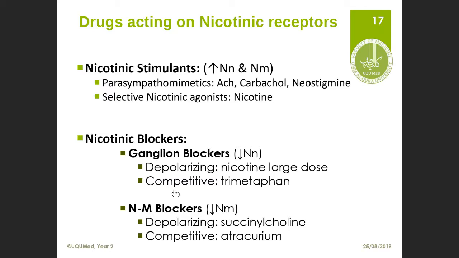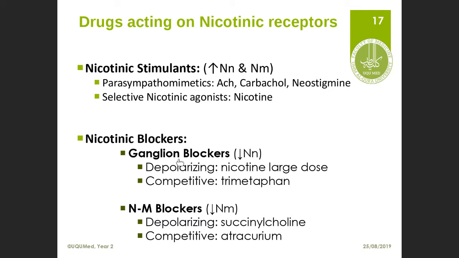So nicotinic blockers, I told you they have two mechanisms, one is depolarizing and one is competitive. When chain smokers, consuming 2, 3, or 4 packets of cigarettes per day, are consuming nicotine in a large dose, ultimately the depolarization state of their action potential is decreasing.